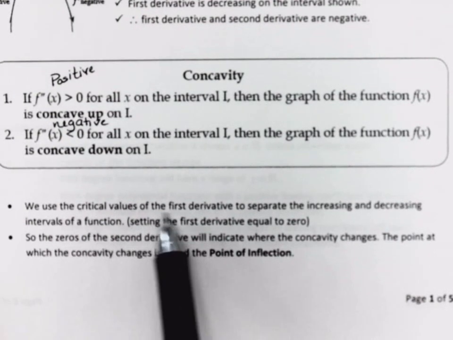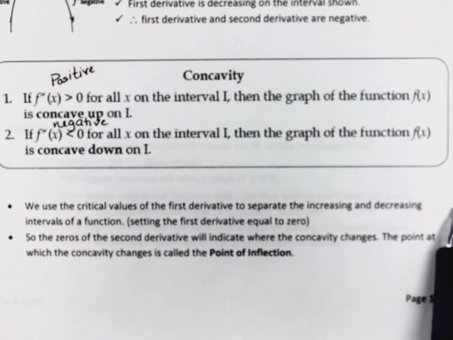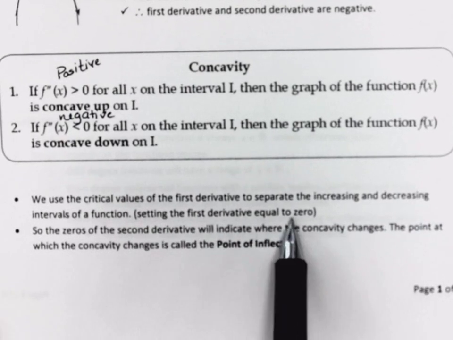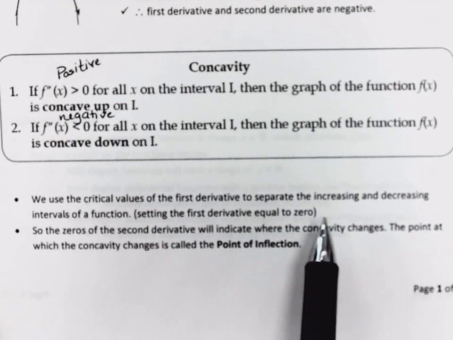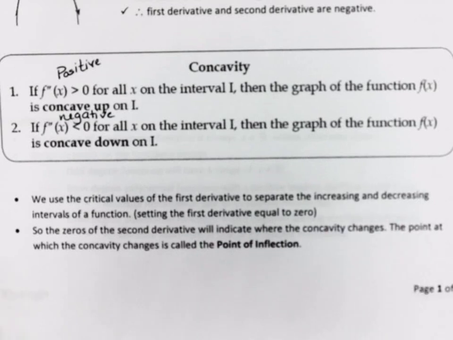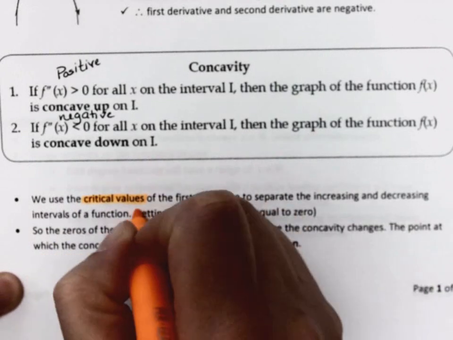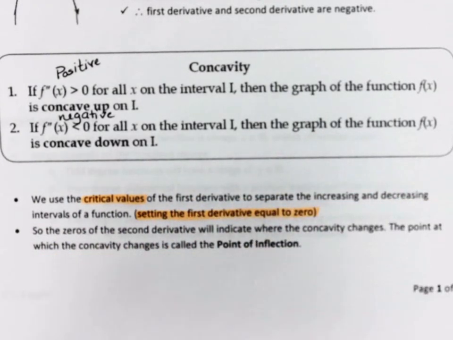We use the critical values from the first derivative to separate the increasing and decreasing, which we've done before. So we're setting the first derivative equal to 0 to find our critical values. If you don't already remember that, we find the critical values by setting the first derivative equal to 0.